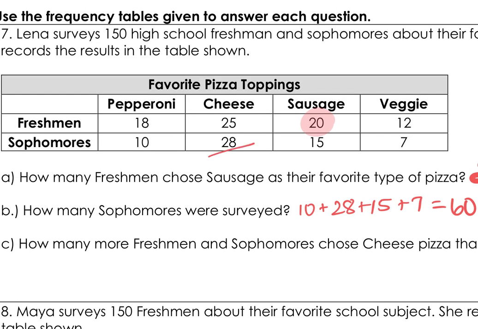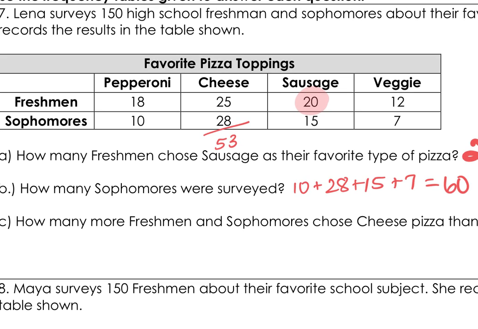Add the cheese, which would come to 53. And then the veggie, which is? Very good. And then we subtract them. How many more means subtraction? So 53 minus 19, that's how we get that 34.